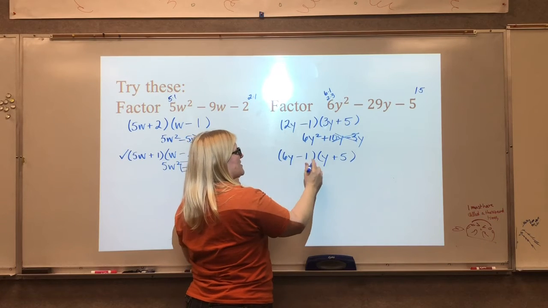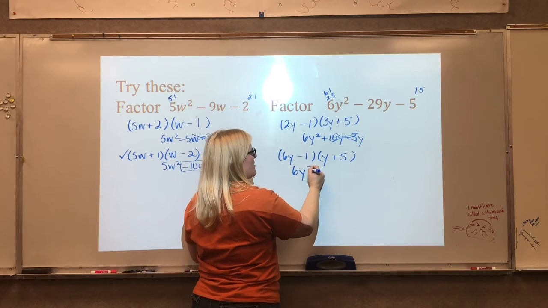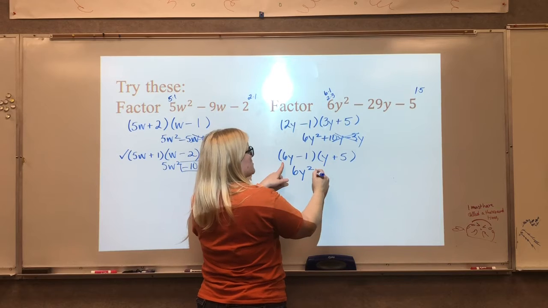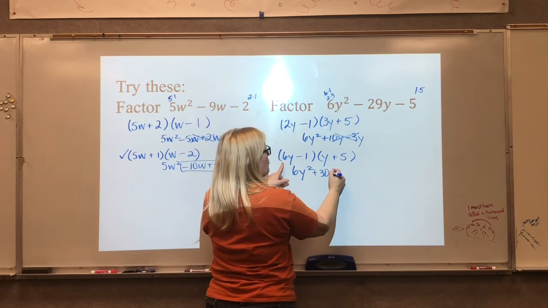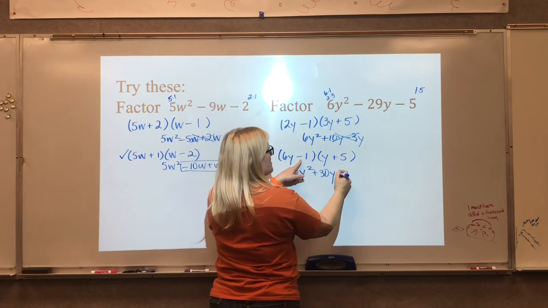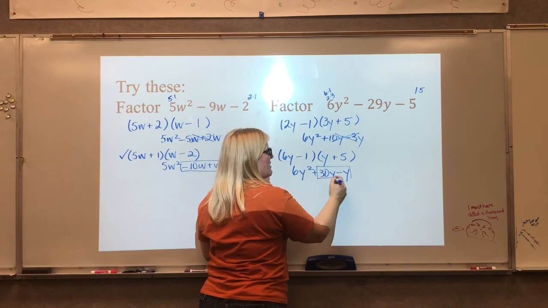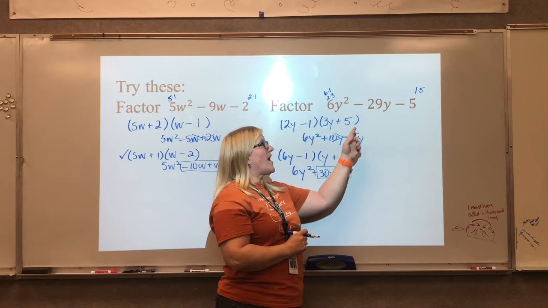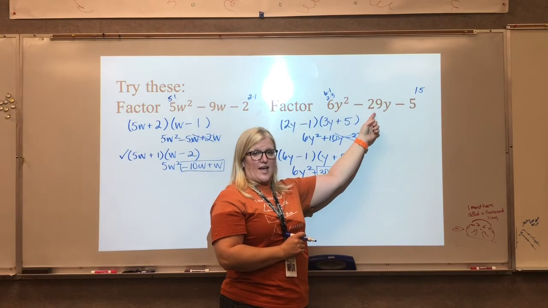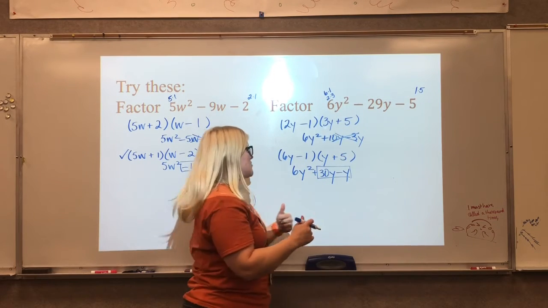Okay, 6y times y is 6y squared. 6y times 5 is a positive 30y. And this gives me a negative y, so I'm close. Look right here. I have 29y, this is negative 29y, so I just need to flip the signs around.